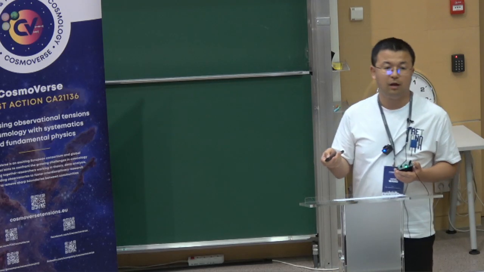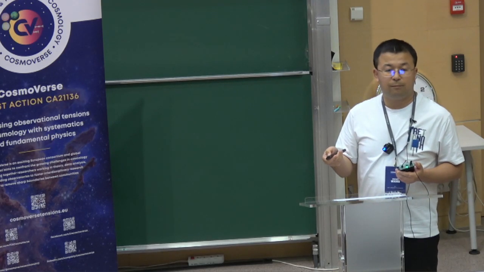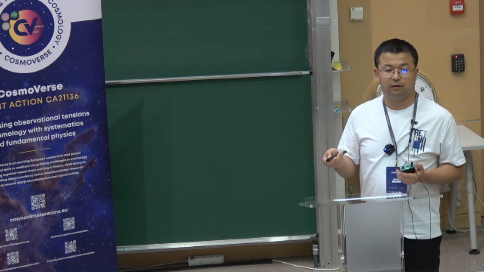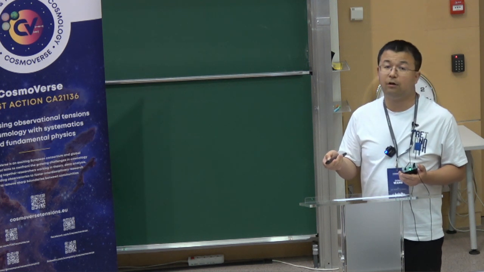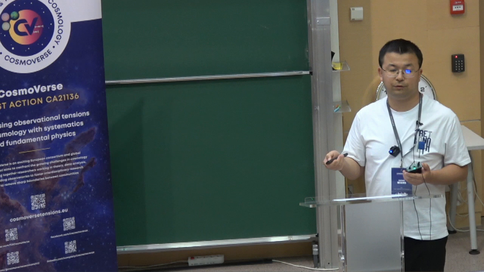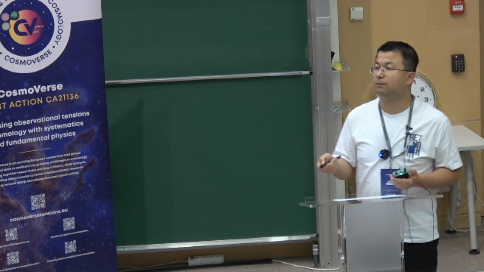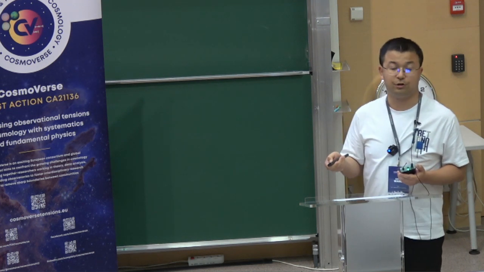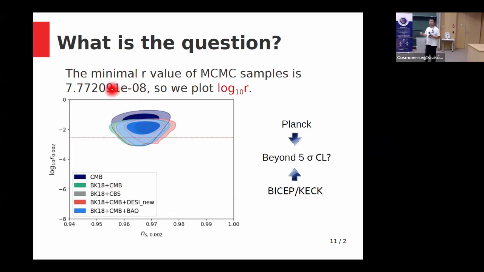This is very important. By analyzing the minimal r value of MCMC samples from the BICEP/Keck collaboration, I found the minimal value is about 10 to the minus 8. So it's very strange for me.